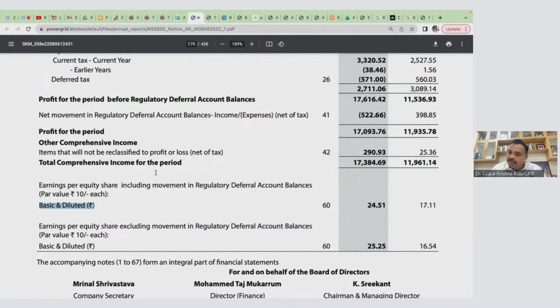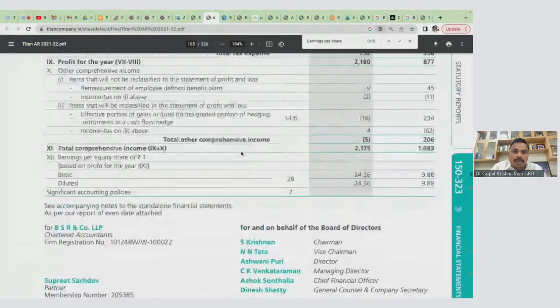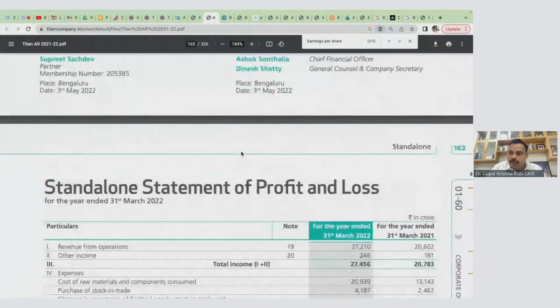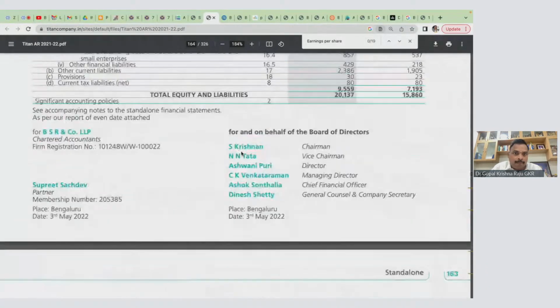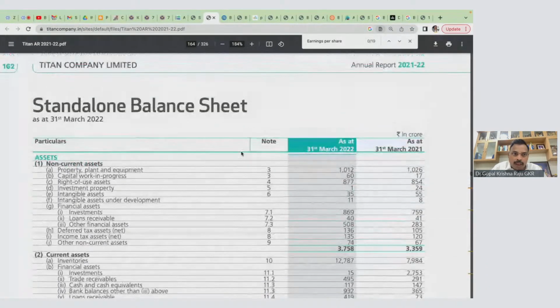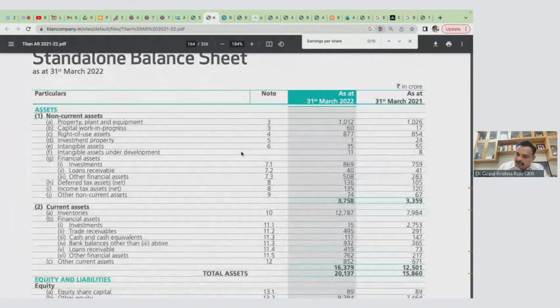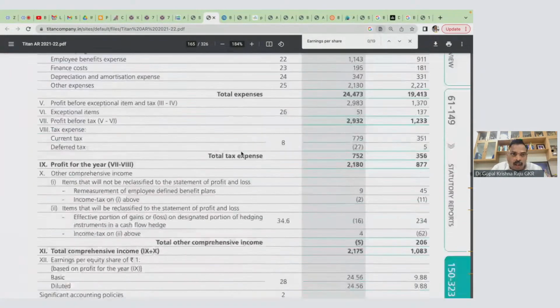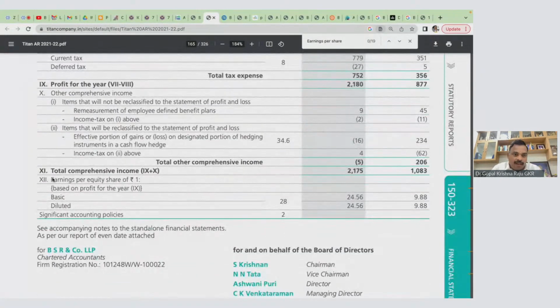Now I'll just share with you one more interesting example. This is with respect to a company, which is this company? Titan. Look at Titan, guys. Look at the Titan annual report, at their total earnings per share. Basic is 24.56. Diluted is also 24.